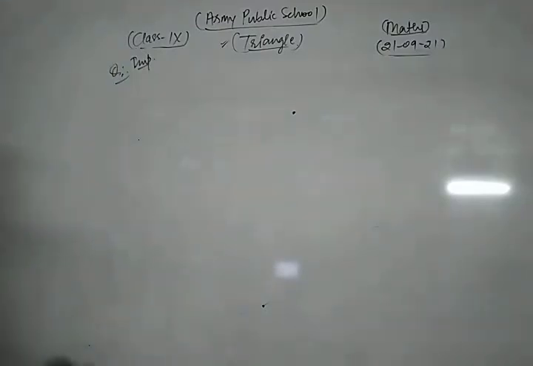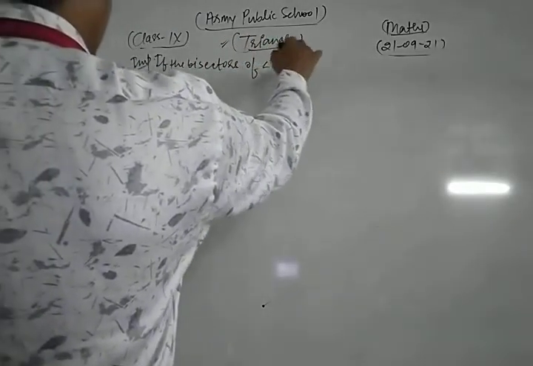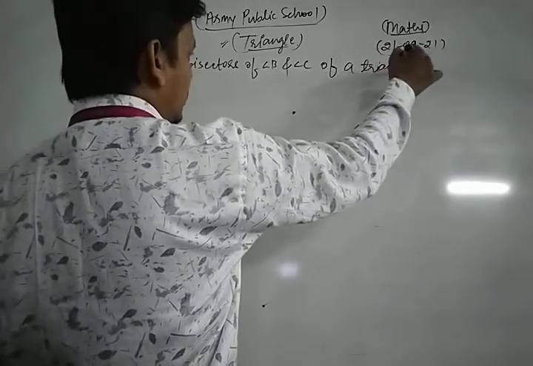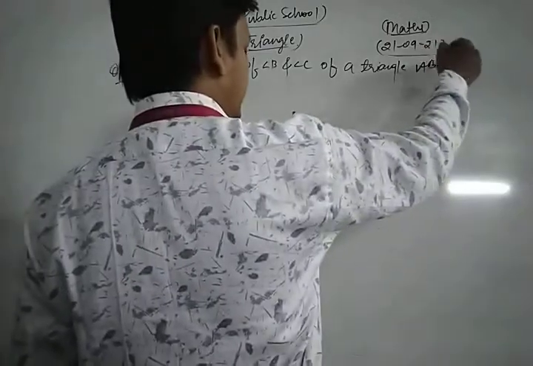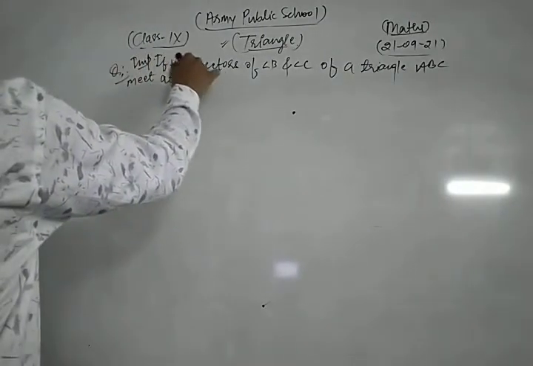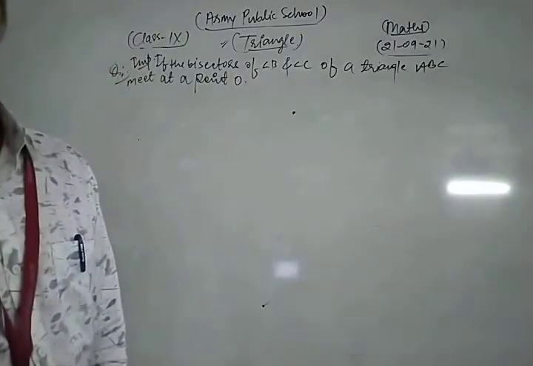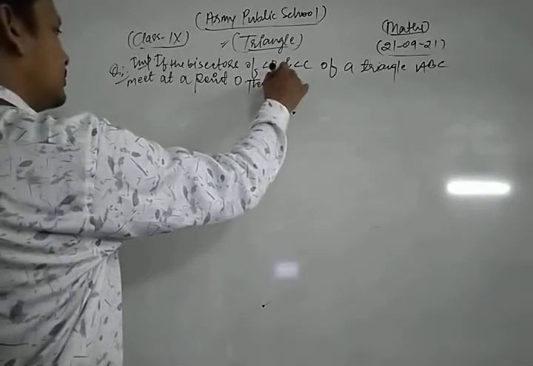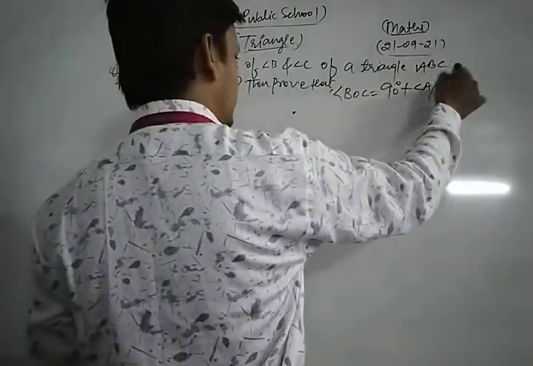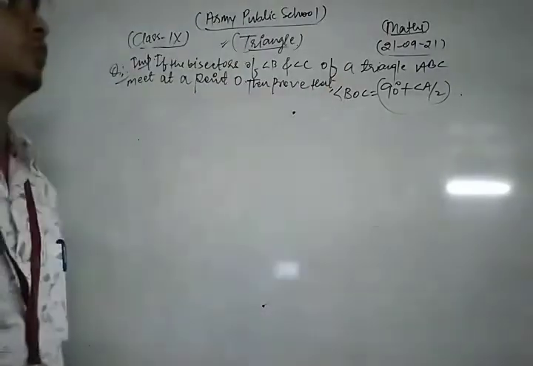Look, if the bisectors of angle B and angle C of a triangle ABC meet at a point O, then prove that angle BOC is equal to 90 degrees plus half of angle A, that is, angle A by 2.